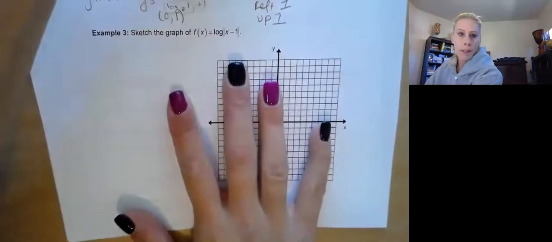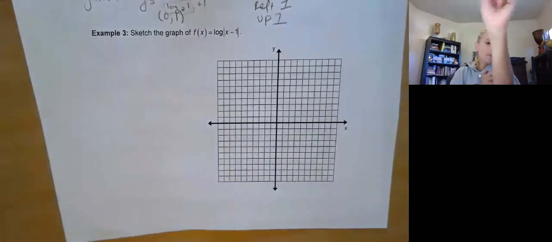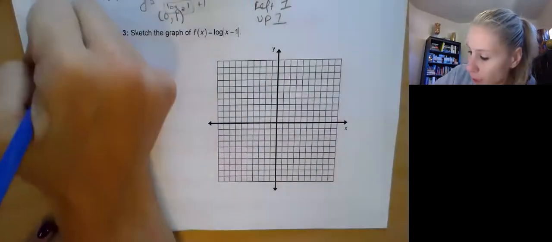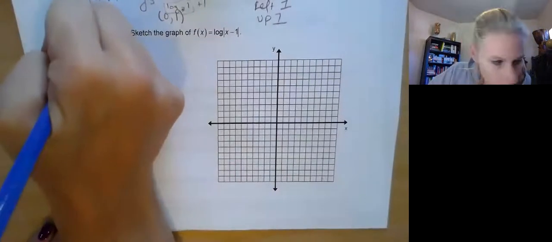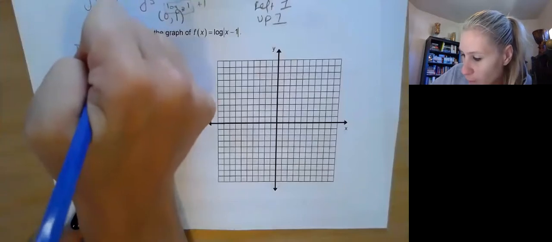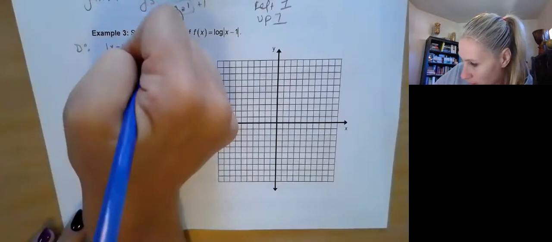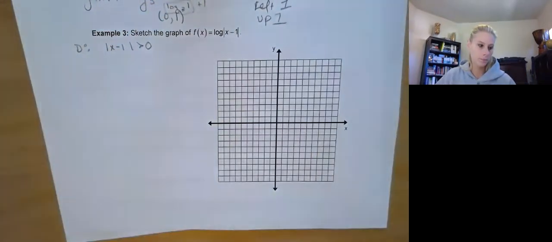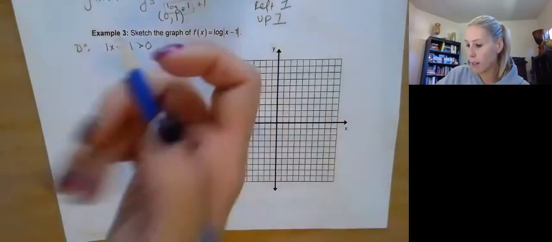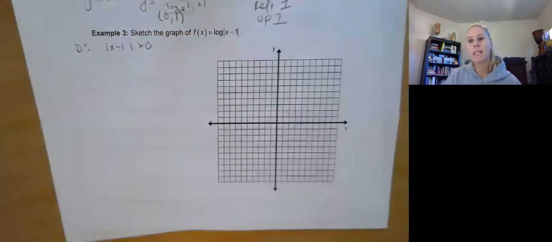Okay, let's do this. This one's going to be a little bit trickier because of the absolute value sign. So when we look at the domain, we need to think that the absolute value of (x minus 1) is greater than 0. Right now, the only thing that doesn't work, because absolute value is always greater than or equal to 0, but 0 is not greater than 0.